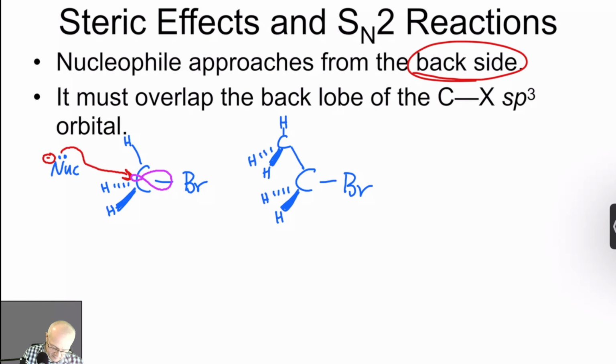Here we go. So here's our nucleophile. And it has to get in here. Attack from the back side, right? Has to get in here.